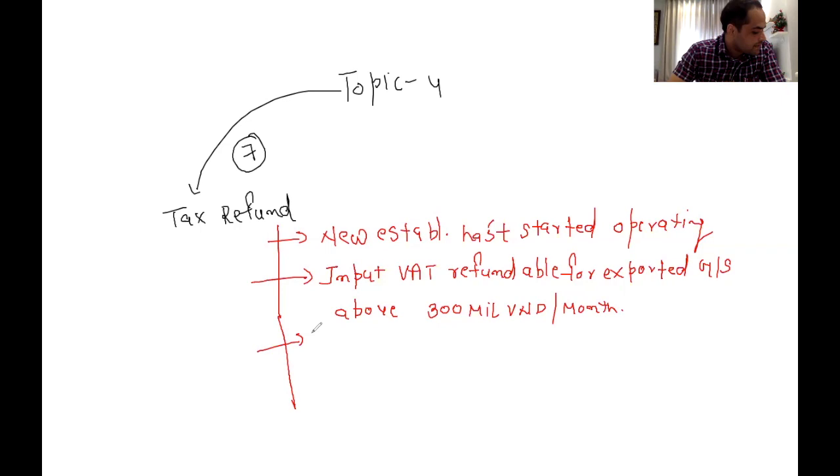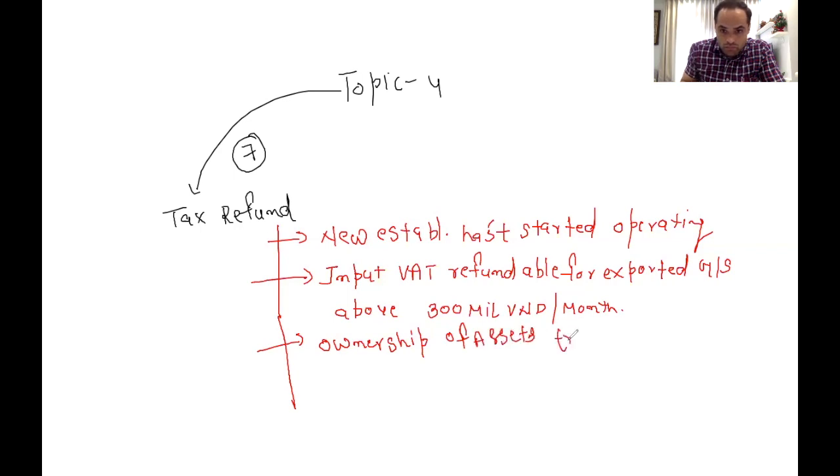Next is any input tax involved in the transfer of ownership of assets. So let's say we took services from some professionals, let's say solicitors.